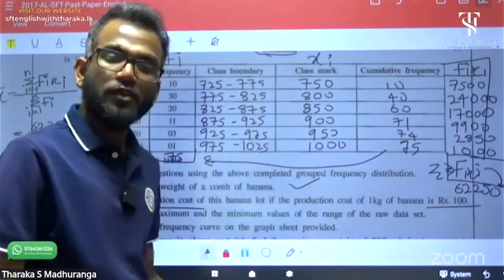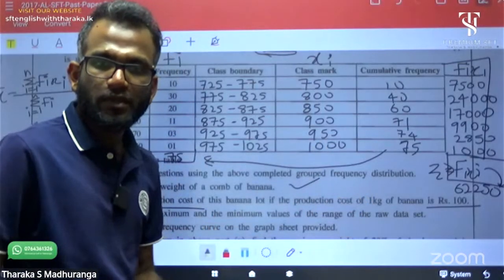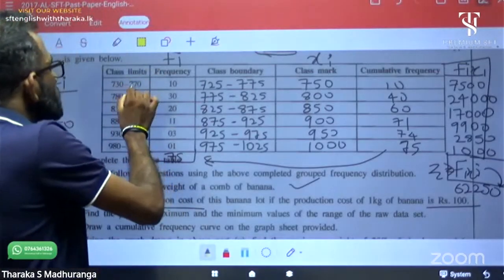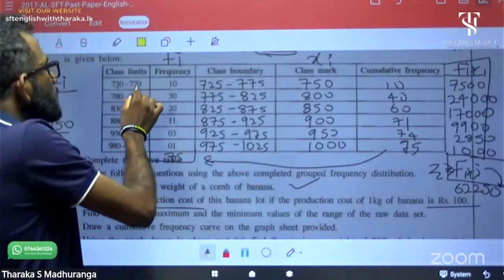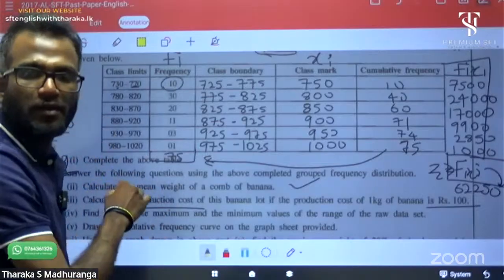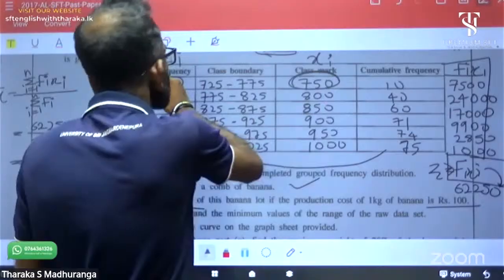No, Joel, 62.25, there is another 250 grams also. Between 730 gram and 770 gram, frequency 10, I took approximately 750 to represent the first group.